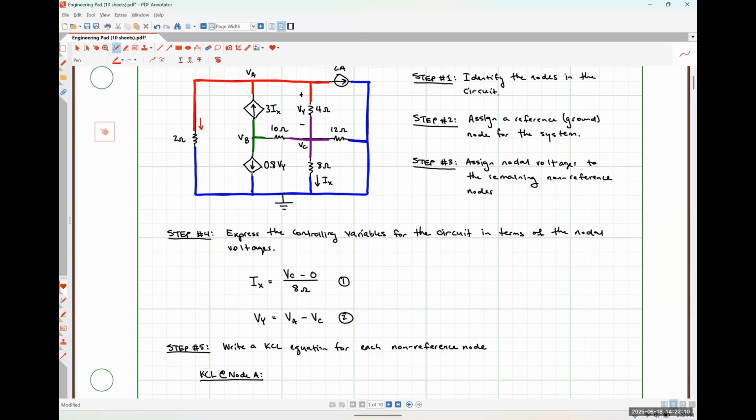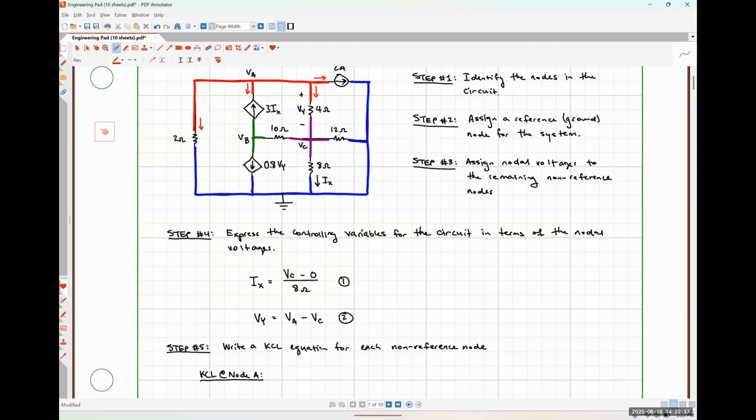So the current flowing down through the 2 ohm resistor is leaving node A. The current flowing down through that top dependent current source is leaving node A. The current flowing down through the 4 ohm resistor is leaving node A. And lastly, the current flowing to the right through the independent current source is leaving node A.